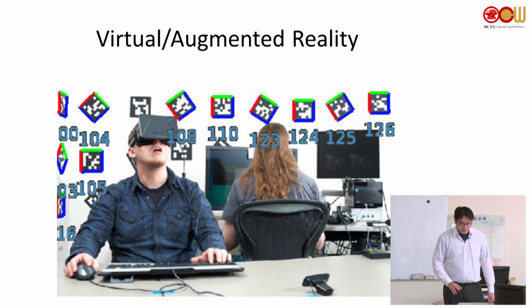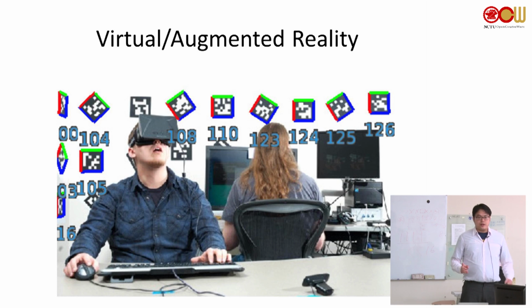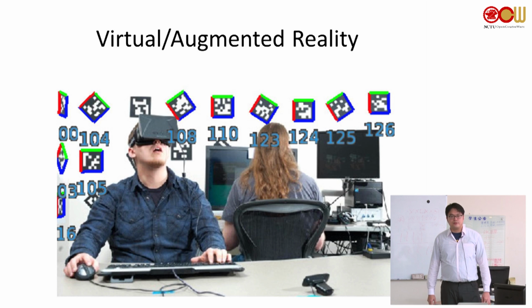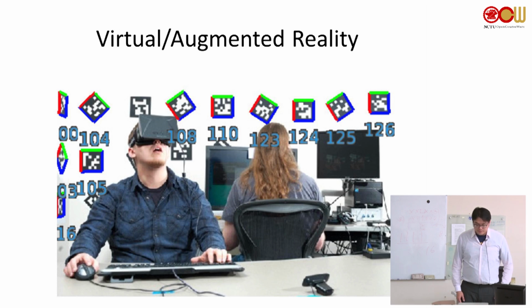And the other good thing about AprilTag is that it can provide the relative transformation from the camera to an AprilTag to an object, for example. That's extremely important for robotics or VR, AR applications.